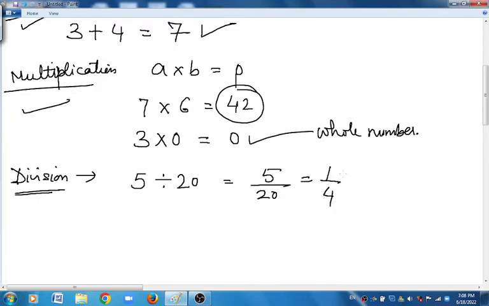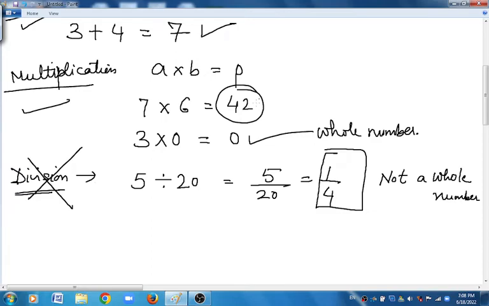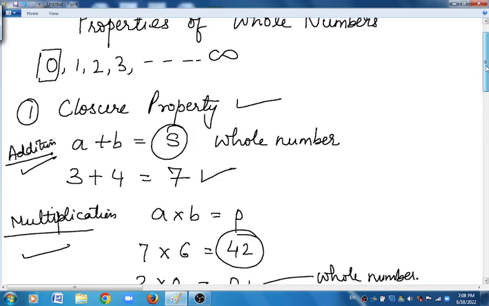If we are dividing a number which is smaller than the divisor, then we get a fraction, which is not a whole number. The fractions are not whole numbers. So what we have seen is that division is not covered under closure property.